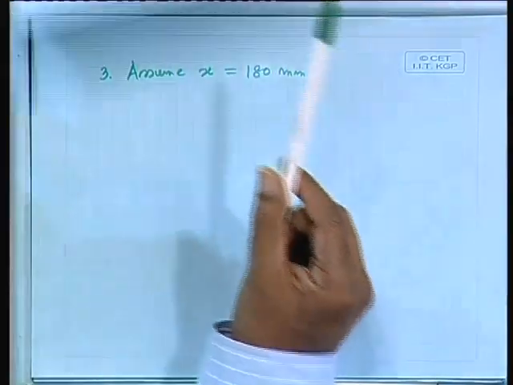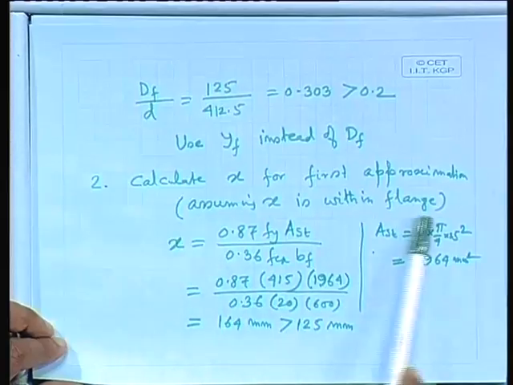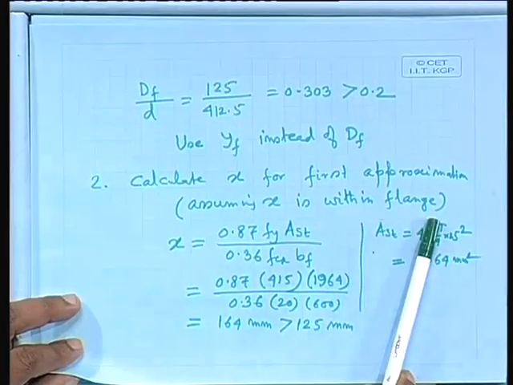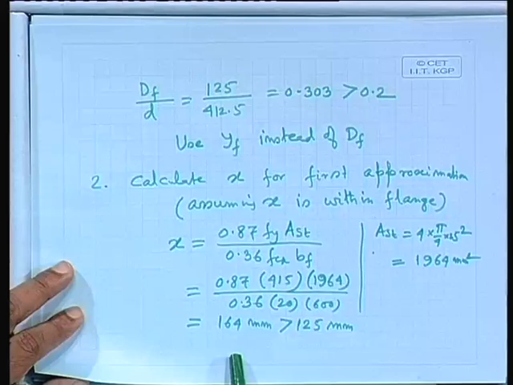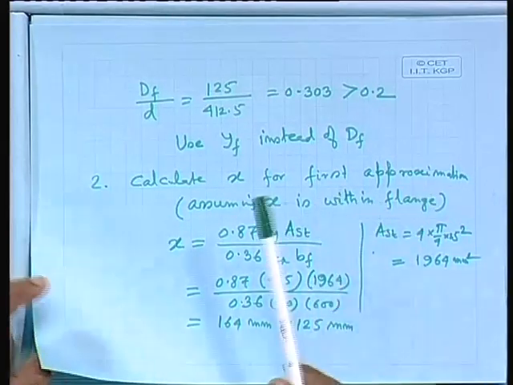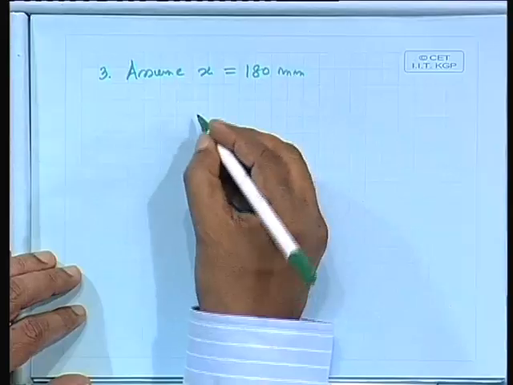I had assumed that X is within the flange, the neutral axis is within the flange, and on that basis I got some X. Now, since I know 164, I am assuming that it may be 180 millimeter.